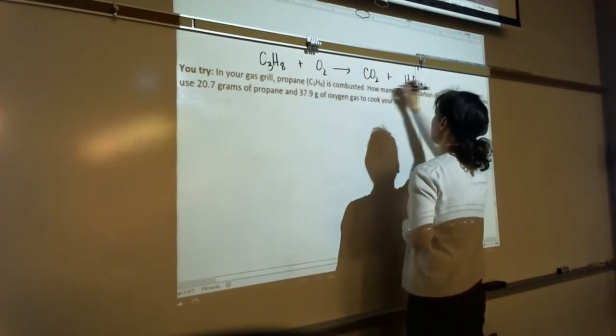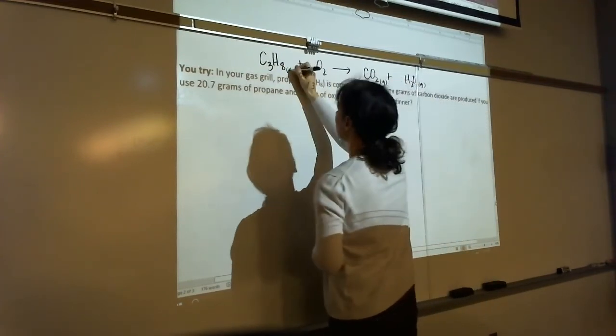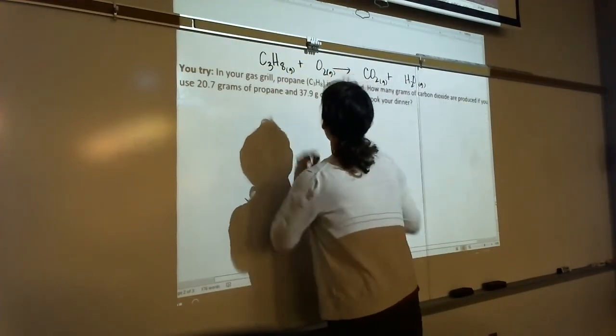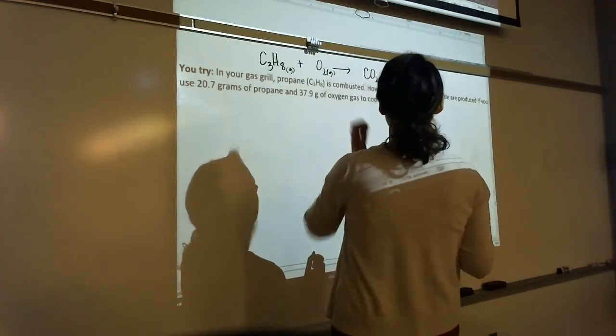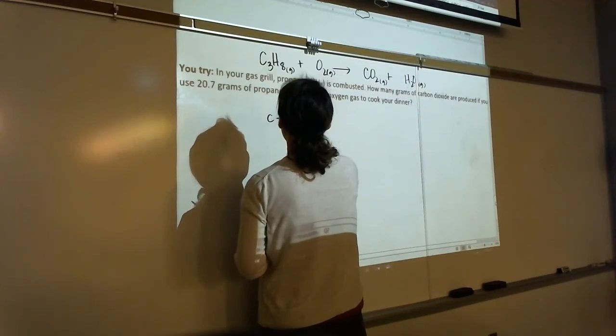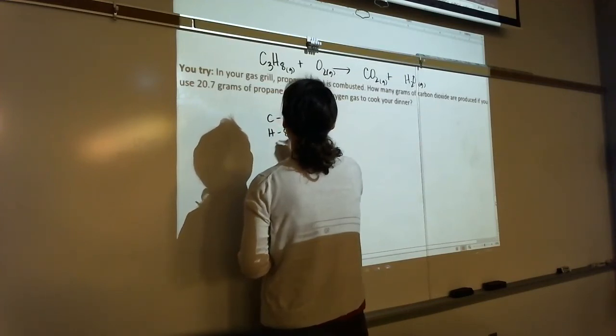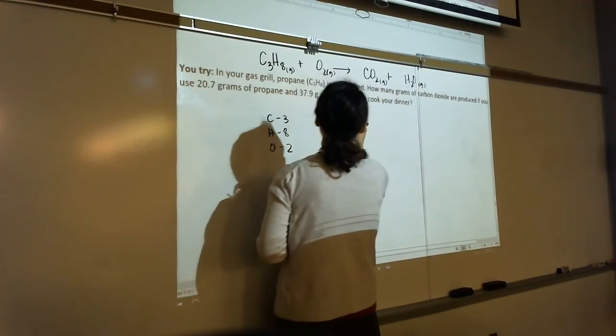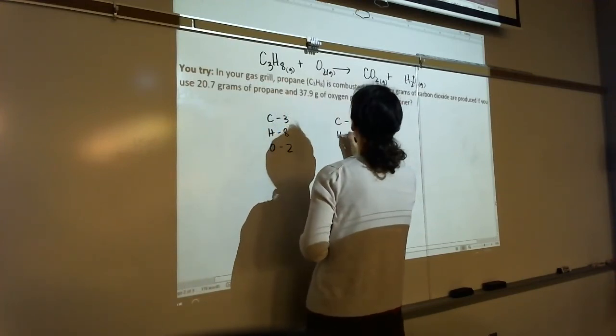All right. These are all gases. All right. Is this balanced? Let's make our reactant product table.